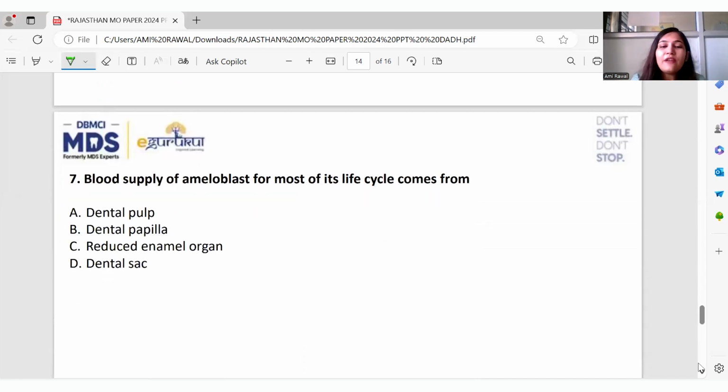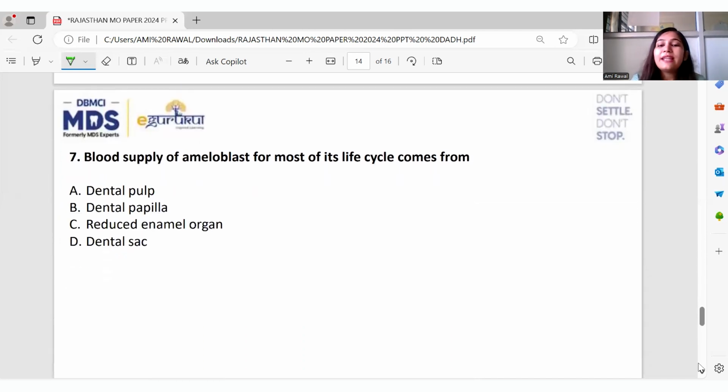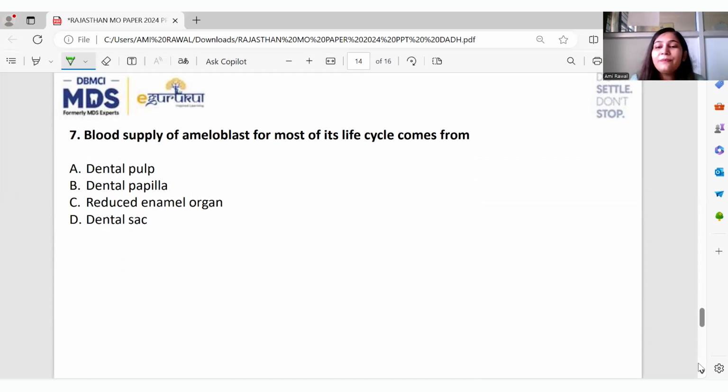Blood supply of ameloblast for most of its life cycle comes from, again this is our last question and it is again from tooth development. So it comes from dental pulp, dental papilla, reduced enamel organ or dental sac. This is again an important question from tooth development. Which stage? Advanced bell stage. Here it is asked blood supply of ameloblast for most of its cycle.